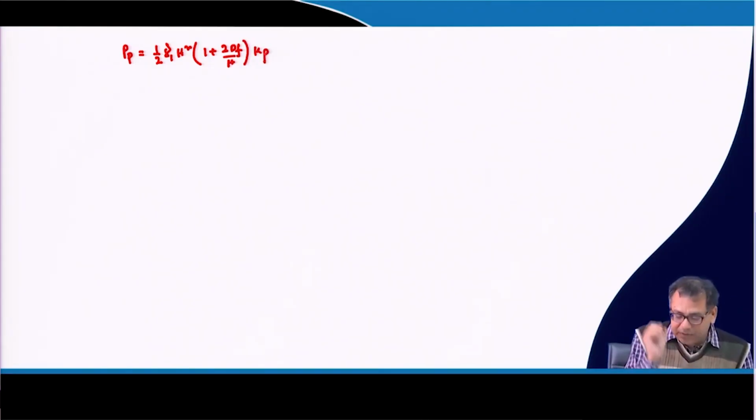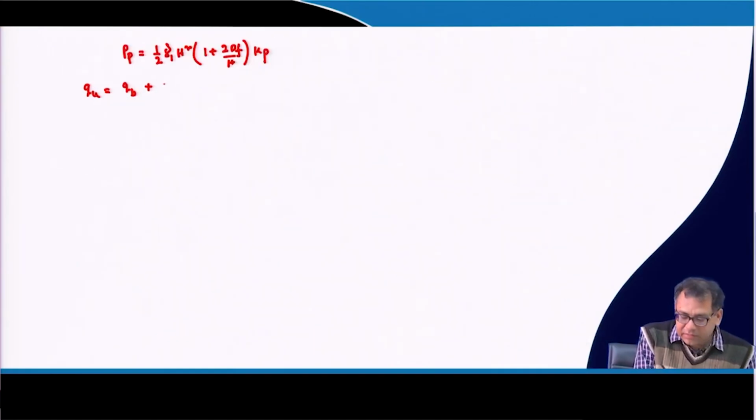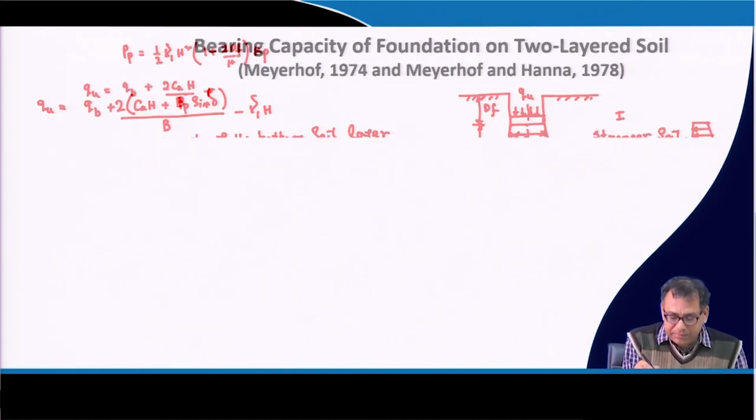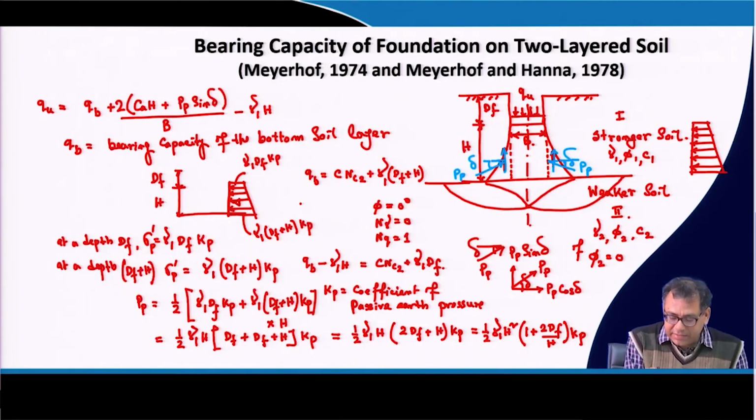Now, if I put these values here, I can write that Qu is Qb plus 2 Ca h by b, plus the Pp part that I have to consider, that is 2 Pp sin delta by b.